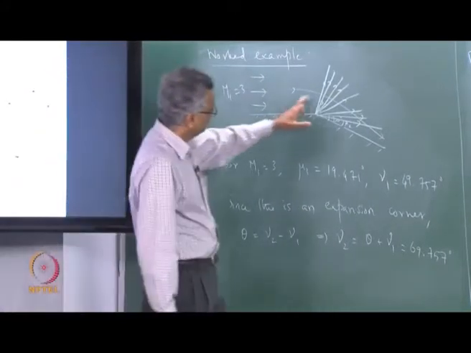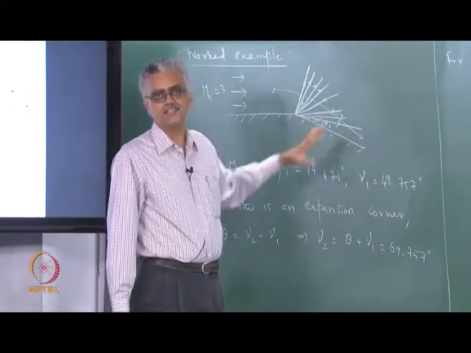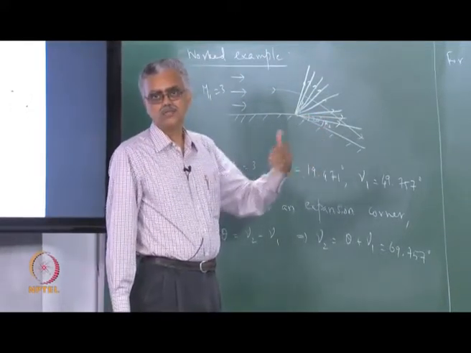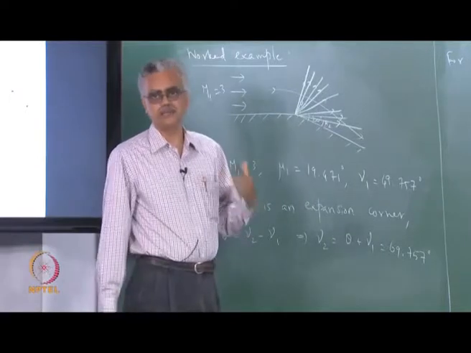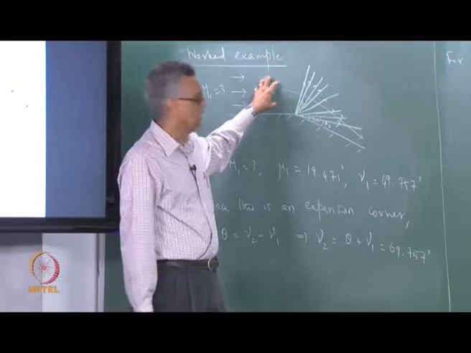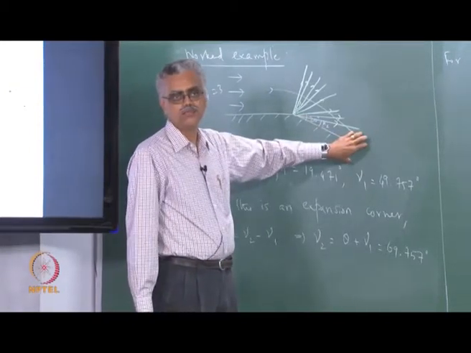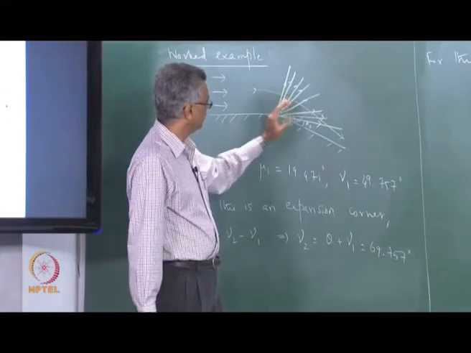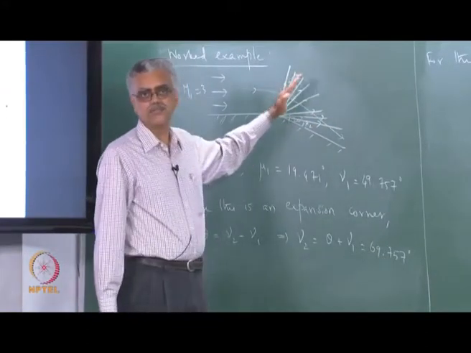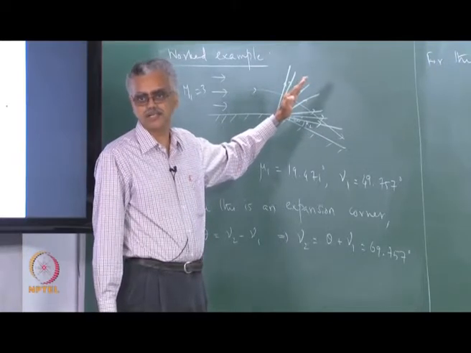Now, having something like this is a little bit inconvenient for the kind of analysis that we are doing. So, there is an approximation that we can make. The approximation is: for this value of M1 and this value of turning angle and this value of M2, can we replace this expansion fan with a single wave? Remember, a single expansion wave for a finite turning angle is prohibited by the second law.